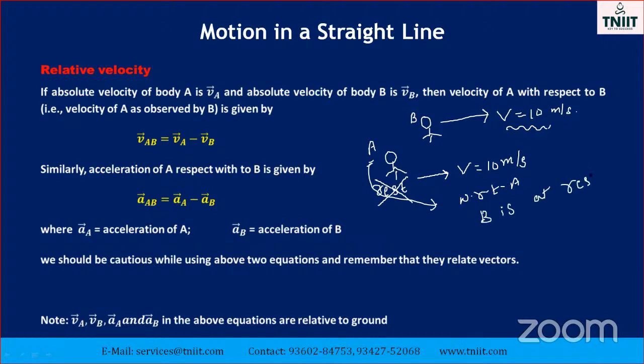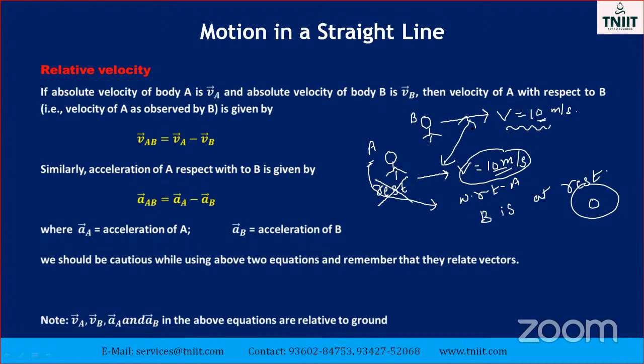Why does body A feel that body B is at rest? Because both are moving with the same velocity, so the velocity with respect to each other will be 0. This 0 is the relative velocity between A and B.